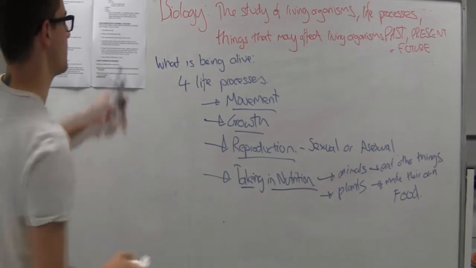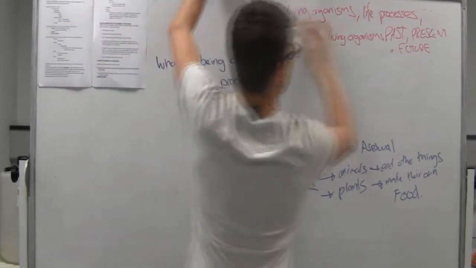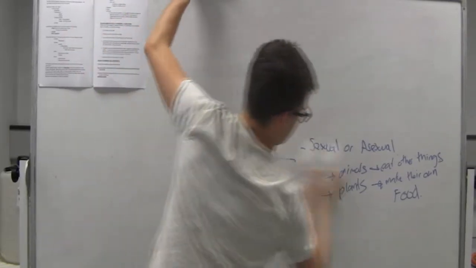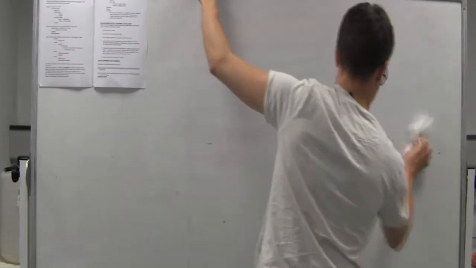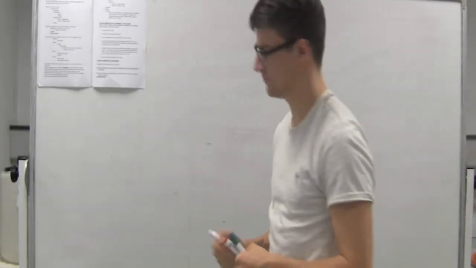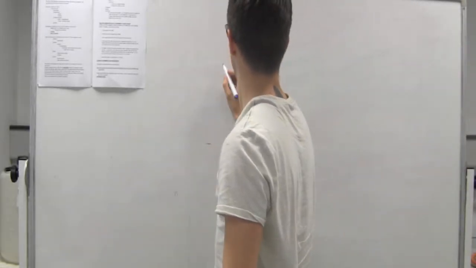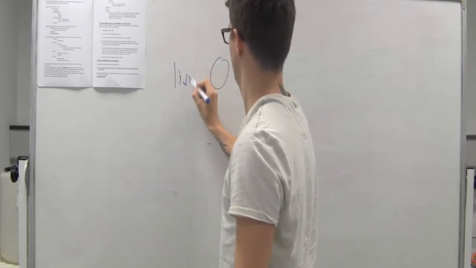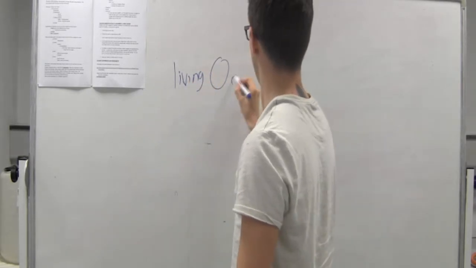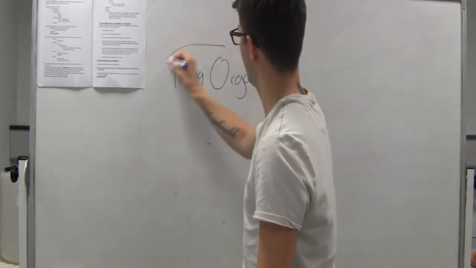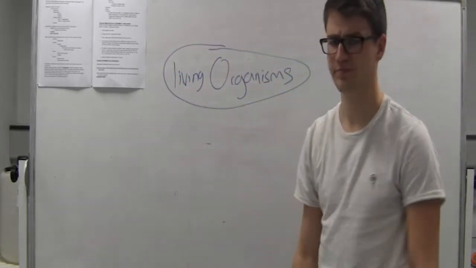Now the kids should have a grasp on what it is to be alive. It's important for them to know how to group, how to classify different living things. So living organisms can be classed into different groups.